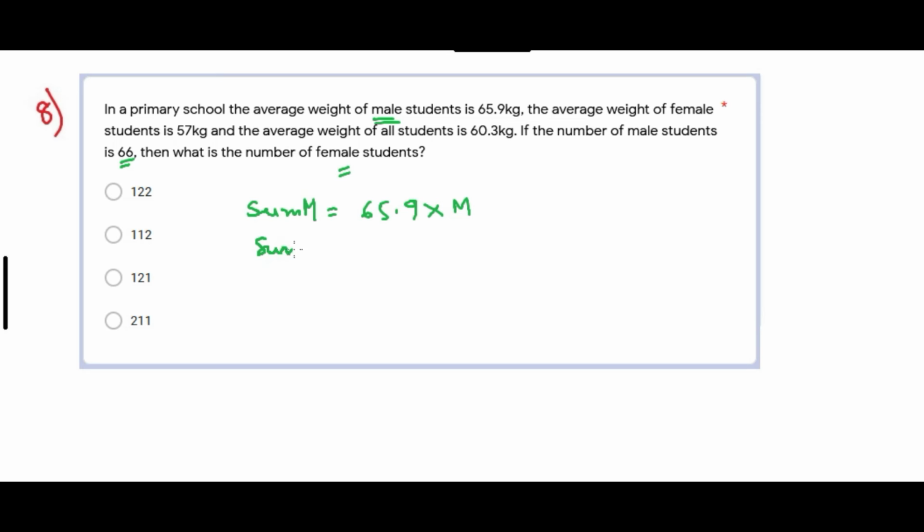Similarly, the sum of female students' weight is equal to 57 into the number of female students. Now the average weight of all the students is 60.3 kg. So the sum of all students is equal to 60.3 kg into female plus male.